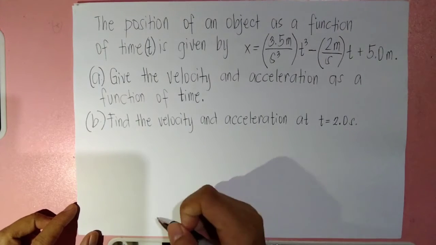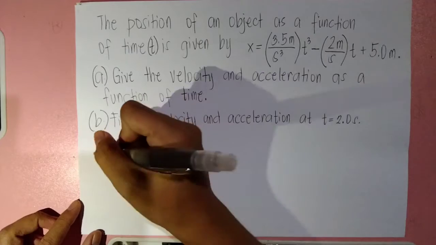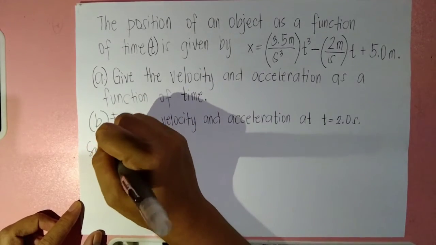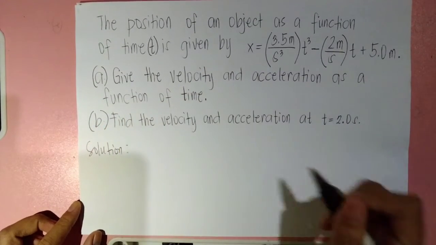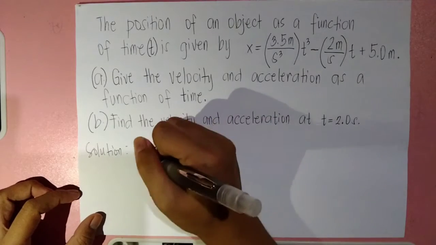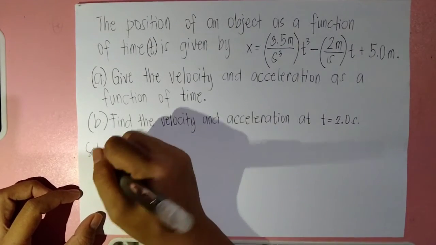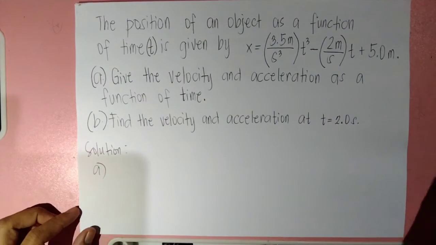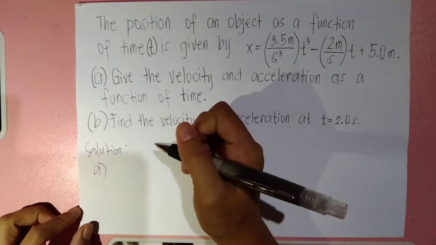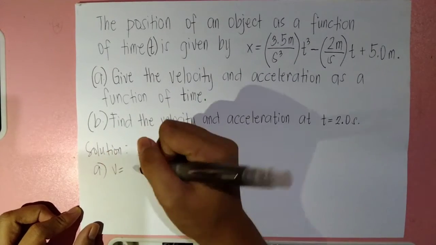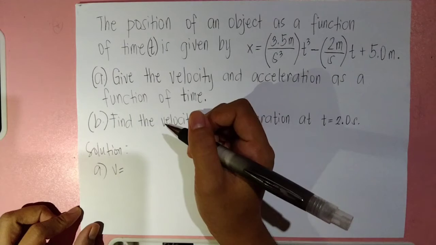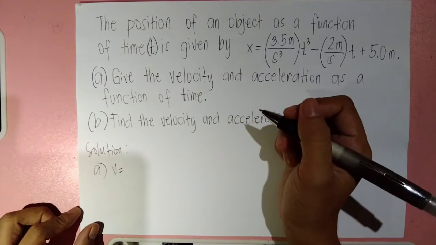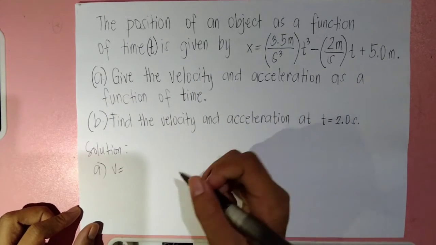So for letter A, solution. For letter A, we have v equals, we will start with the velocity, of course.